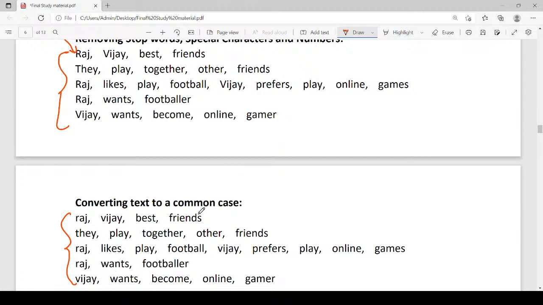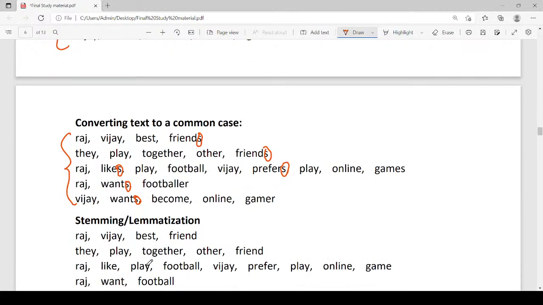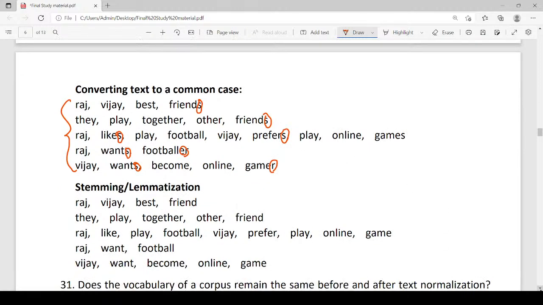Suppose we have friends here, S gets removed, right? The same way for the words likes, prefers, wants, right? Now if you see other words, for example, footballer becomes football. Got it? Now if you see gamer becomes game. So this way we are going to stem it or lemmatize it.